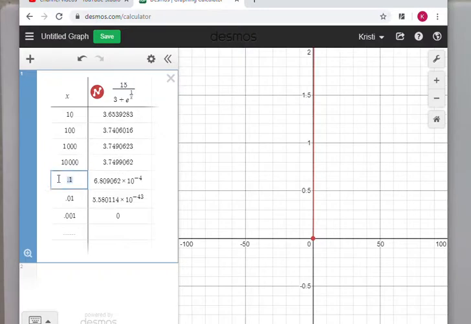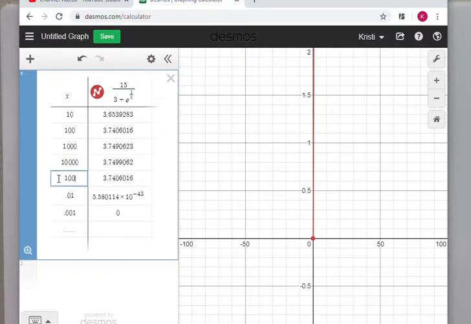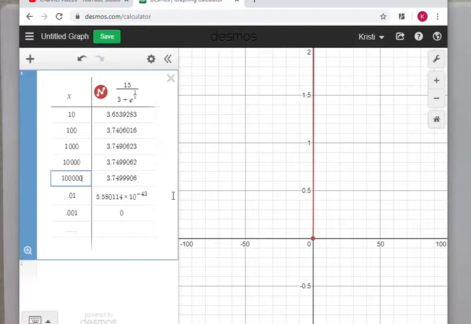Let's try one more. Let's do 100,000, because I think I know what's going on, but I want to prove it to myself. Yeah, you see how that's going? The 3.74 is staying the same, and each time there are more nines. That looks to me like it's trying to reach 3.75. So I think we'll be able to say that's our limit.